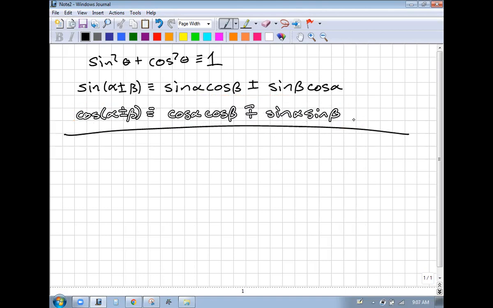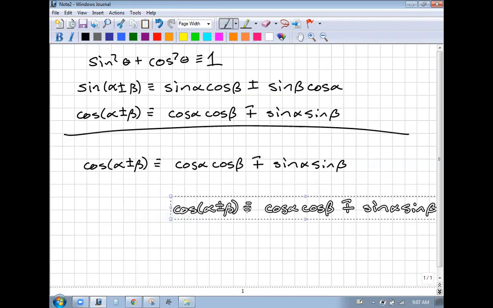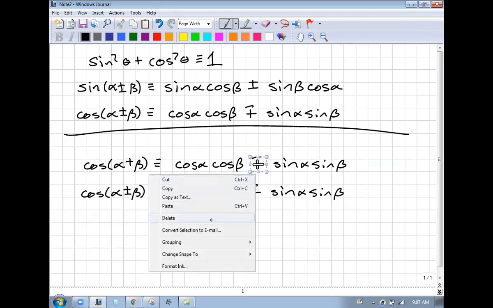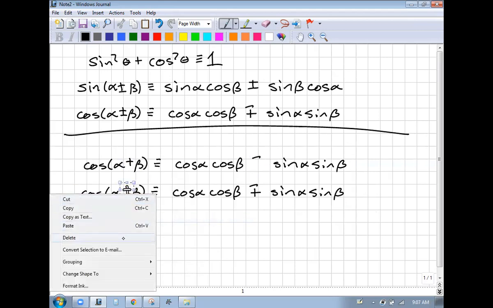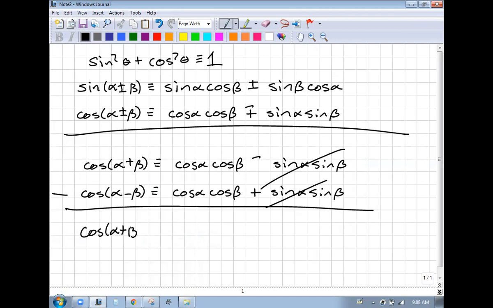If we take this one, and we take the sum and then the difference, and add these together, those terms go away and you get cosine alpha plus beta plus cosine alpha minus beta gives you twice cosine alpha cosine beta, and then you divide both sides by 2.